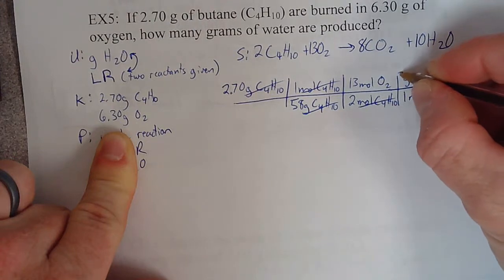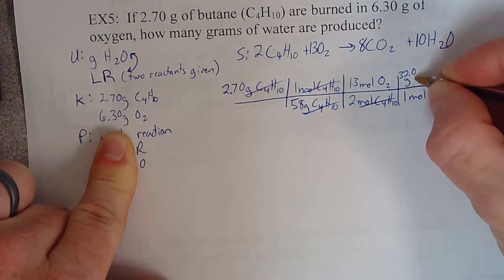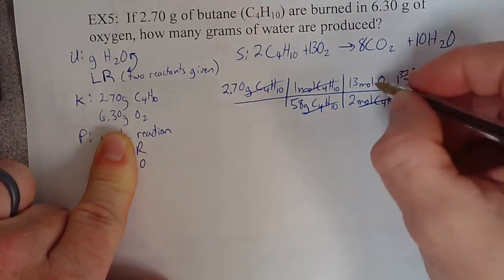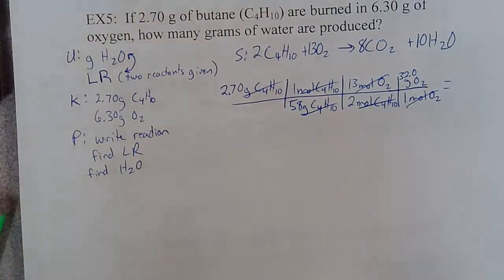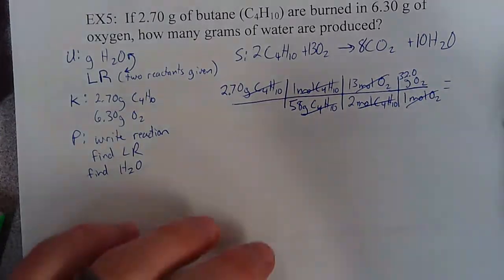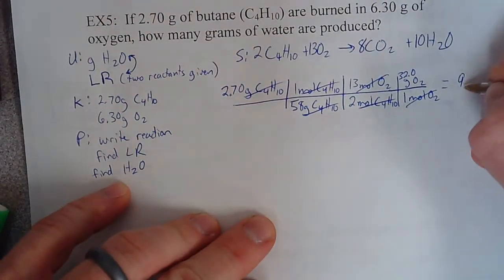And now, let's see, 32. All right, so moles of oxygen cancel out. And then we'll plug that into the calculator. So 2.70 times 13 times 32, and then divide it by 58 times 2. Put the 58 times 2 in parentheses. I got 9.68.